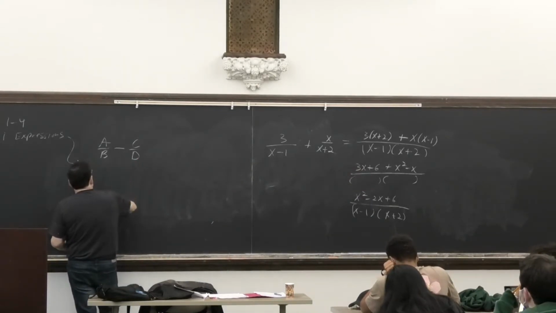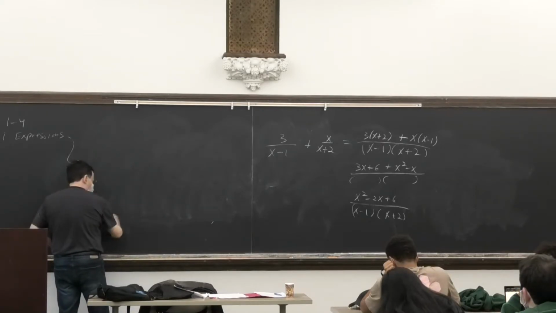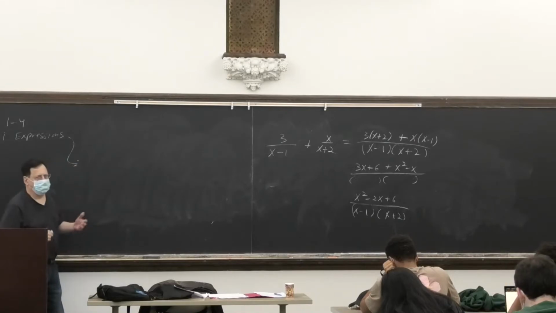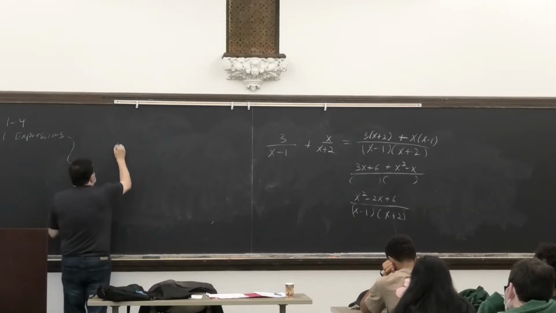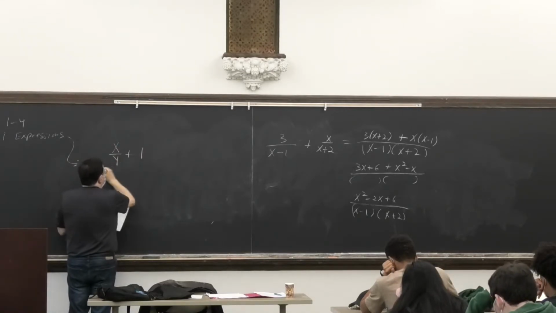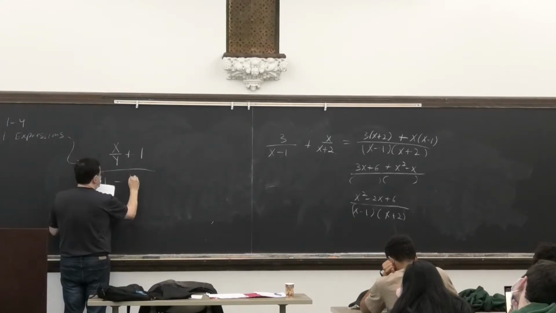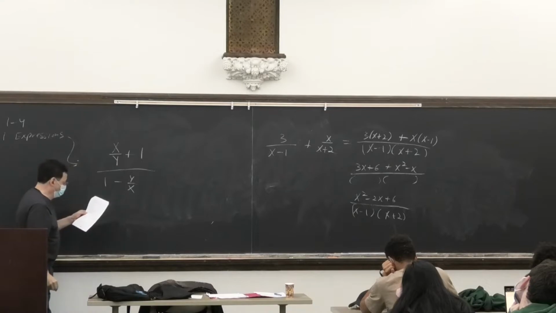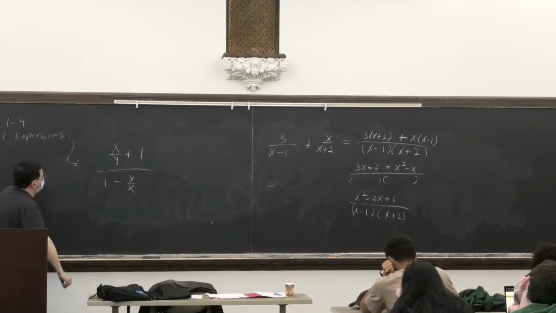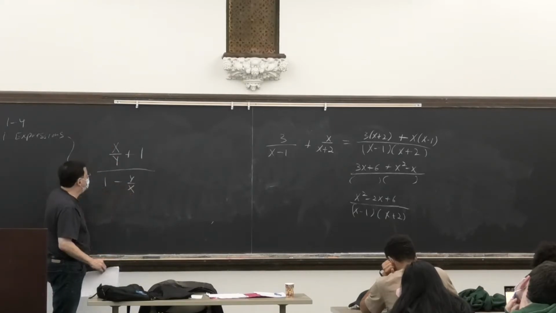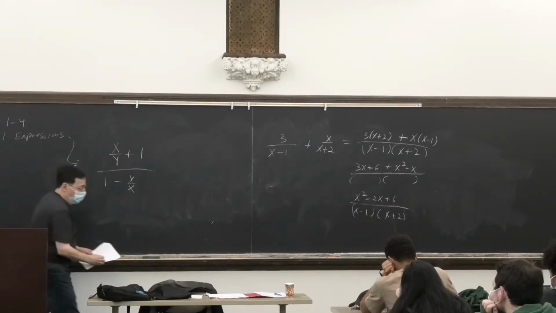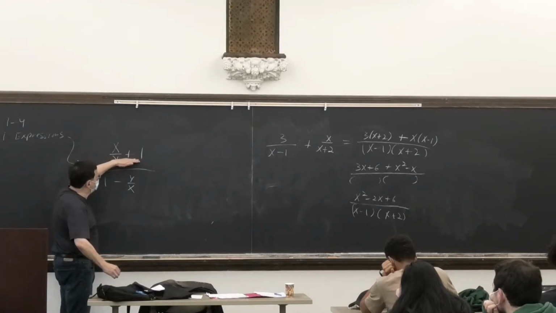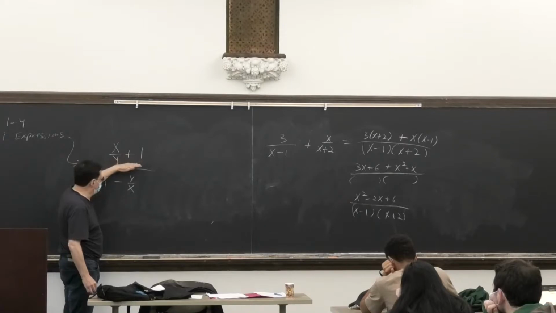There are some other tricks. I don't mean that as a magic trick, as in things you might run into. You might run into an expression like this. You want to simplify this. Kind of a fraction over a fraction. Except we have this problem here. So what we want to do is do this sum first, put it over a common denominator, do the same on the bottom.